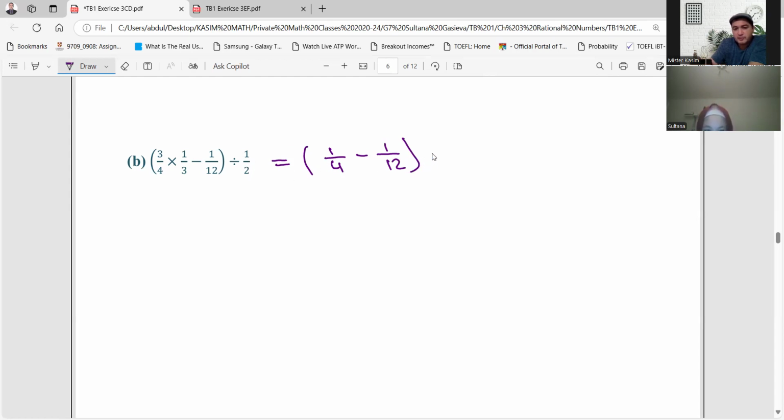Division by 1 over 2, I can change it into multiplication, that is times 2, right? So then 1 over 4, and then 1 over 2 minus 1 over 6. 3 minus 1 is 2, 2 times 2 is 4 over 12. So that is 1/3. Did you get 1/3? Yeah, I got 1/3.